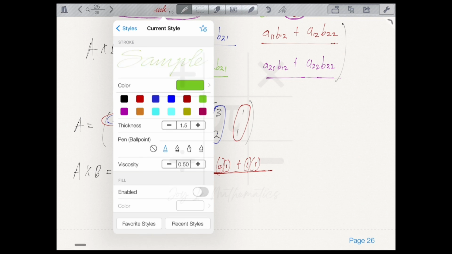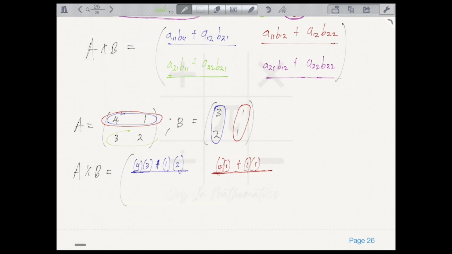Then we consider this term, the second row, first column: the second row of A multiplied by the first column of B. So this will be 3 multiplied by 3 plus 2 multiplied by 2.